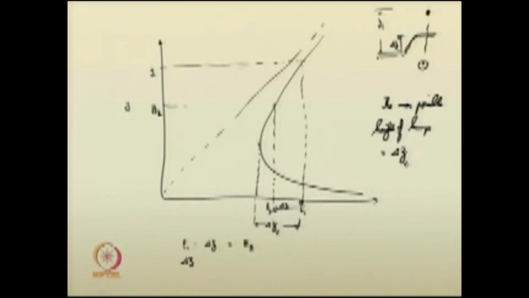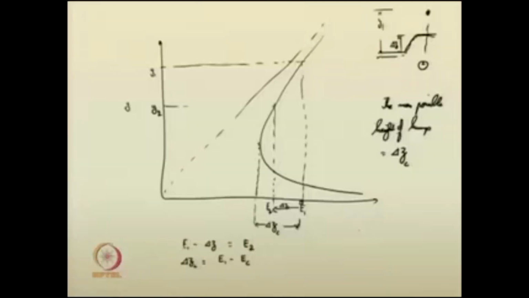So, del z c is nothing but E 1 minus E c. How to evaluate E c for rectangular channels is quite clear. You know that the critical conditions are not dependent on the geometry of the problem for rectangular channels, and you have already derived those things. So, E c you can evaluate, and E 1 minus E c will give you the maximum height of the hump for which the upstream conditions are not affected.